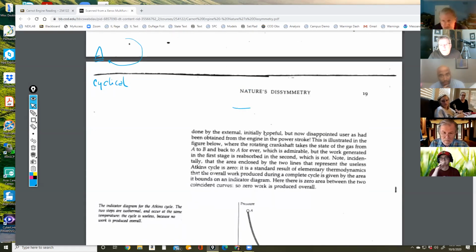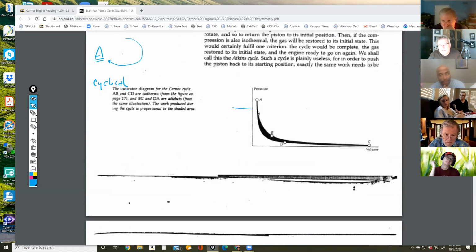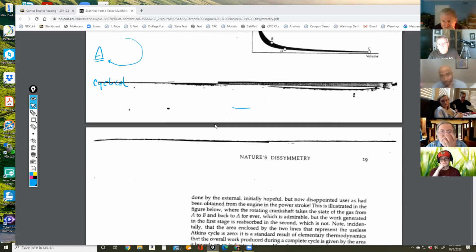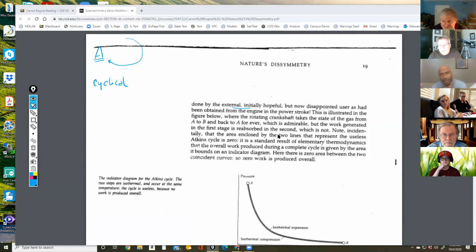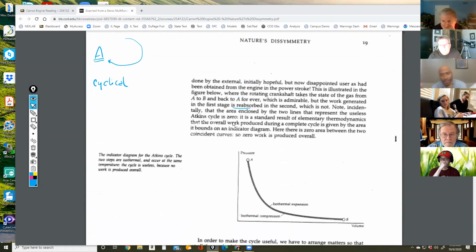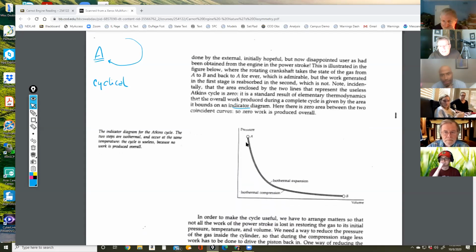So it goes back and forth. Now, looking at this, I go from A to B to C to D back to A. And I've got nothing going on in there. So that's called the Atkins cycle. And that's what this looks like here.